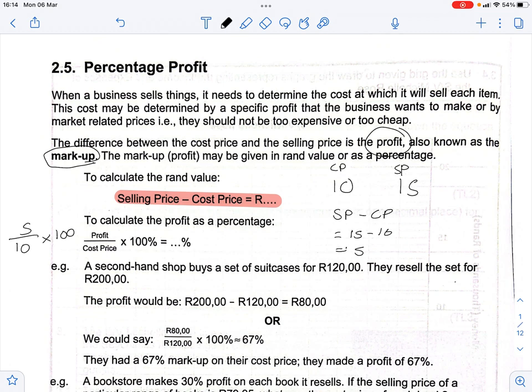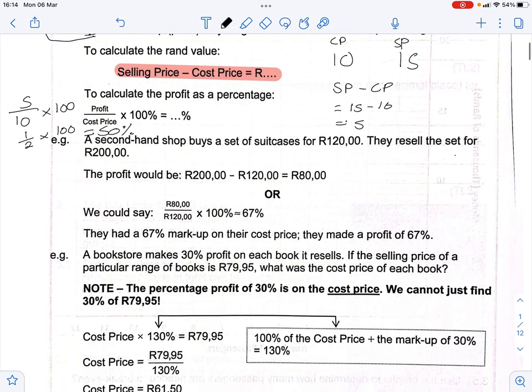If we take a half times by 100, we are left with 50%. Now there's many other ways to do it. This I feel is the easiest to work out your markup percentage, and I'll leave you guys with 3 formulas at the end.